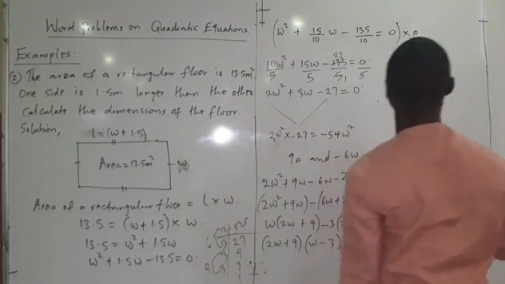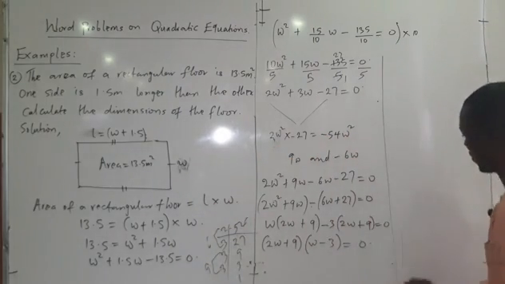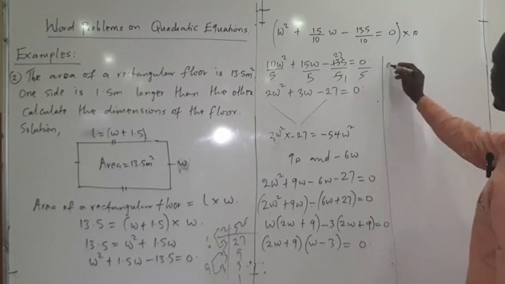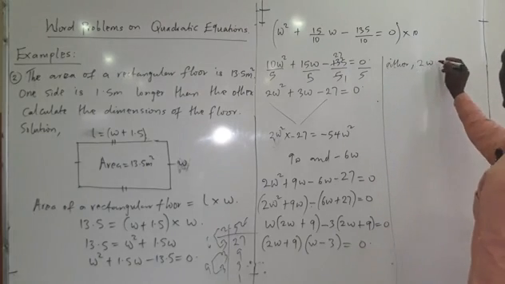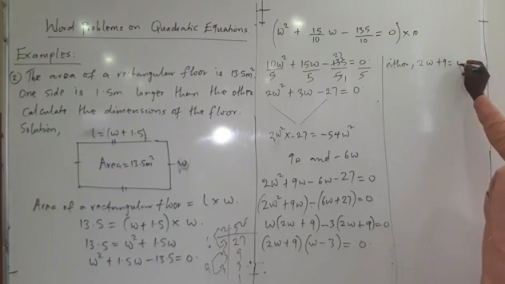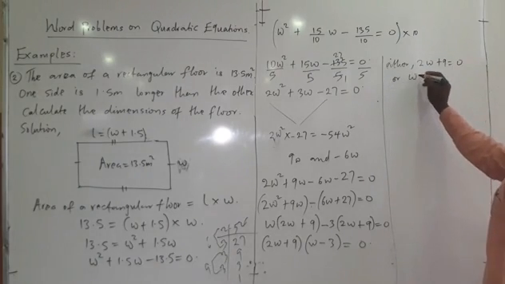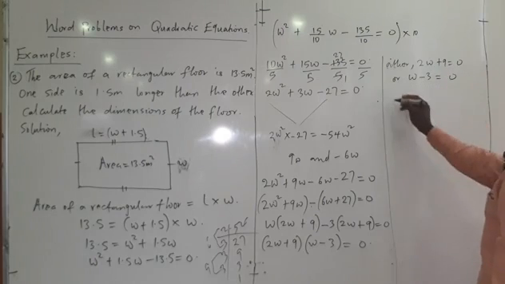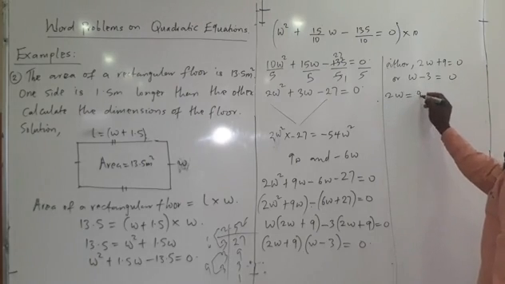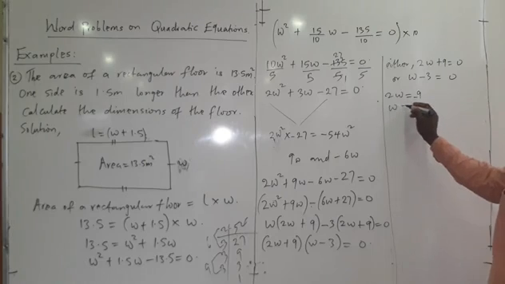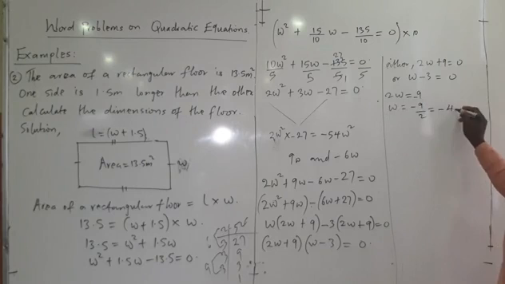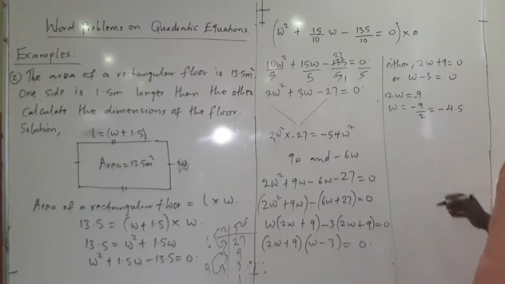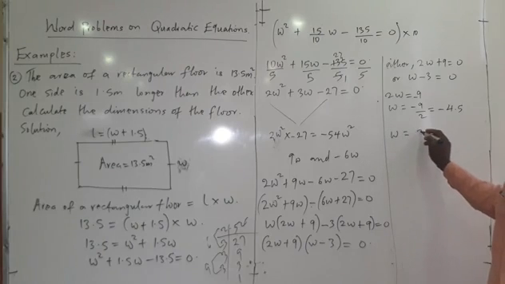So you can now say either 2W plus 9 equals 0 or W minus 3 equals 0. So from the first, 2W equals minus 9, so W equals minus 9 over 2, which is minus 4.5. Then the second value of W is W equals 3.